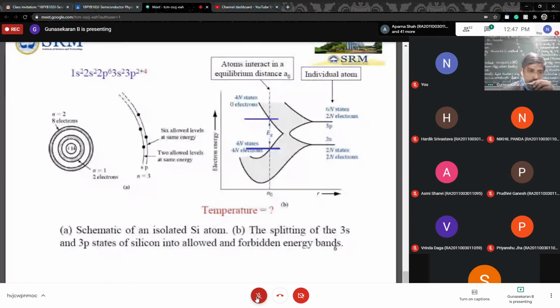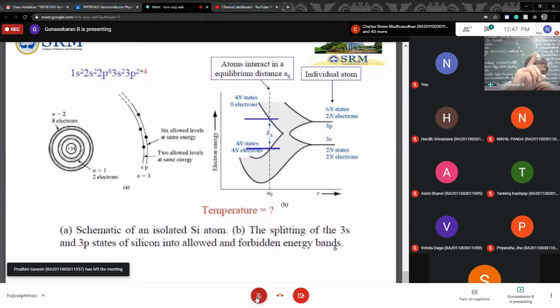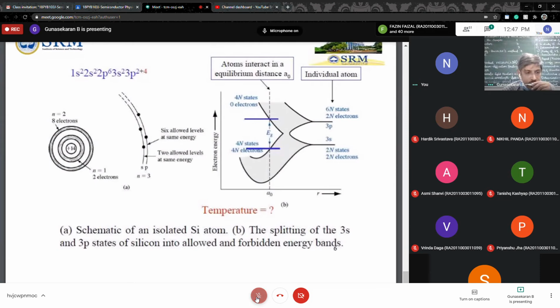Due to that impurity doping, of the 5 electrons in the pentavalent atom, 4 are used in bonding, and the remaining electron is a free electron. You say that is an N-type semiconductor. In an N-type semiconductor, which one is the majority charge carrier? Electrons.